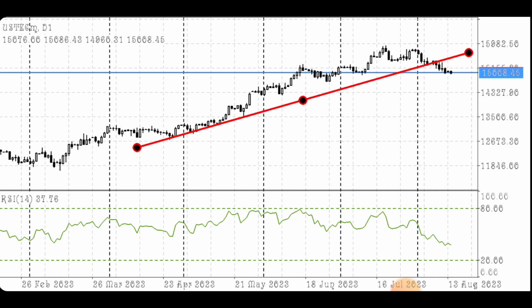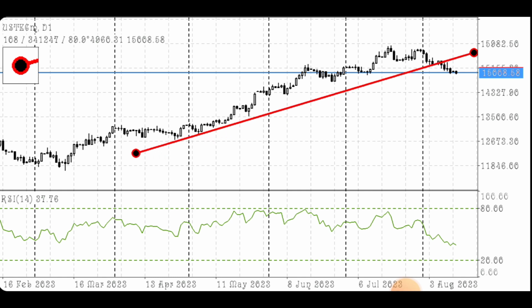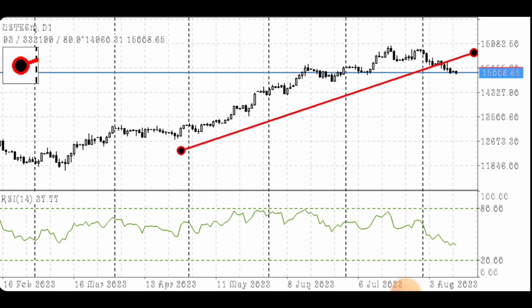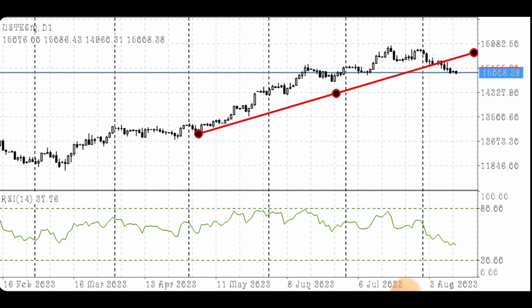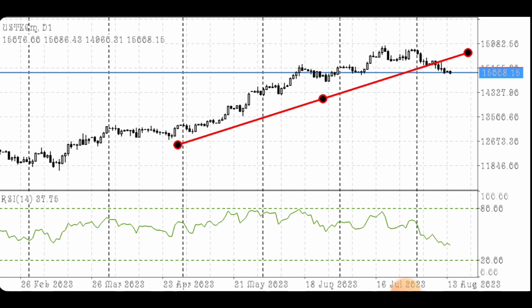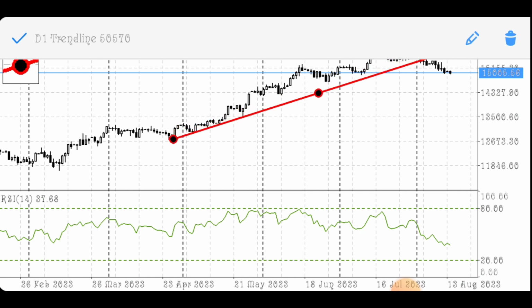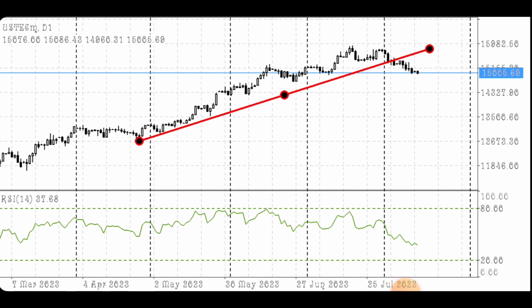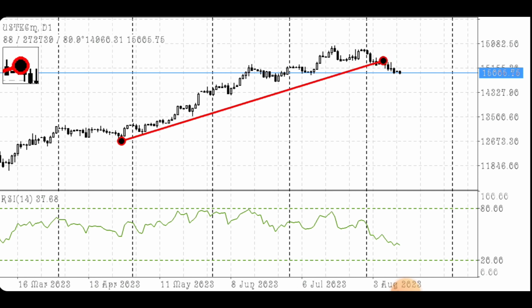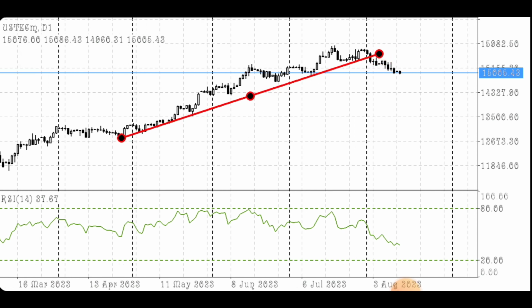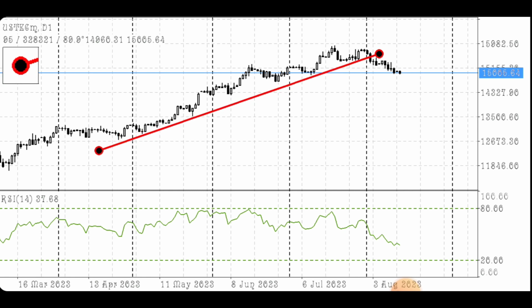So this is one way to draw the trend line, or you can start from here and also connect it this other way.